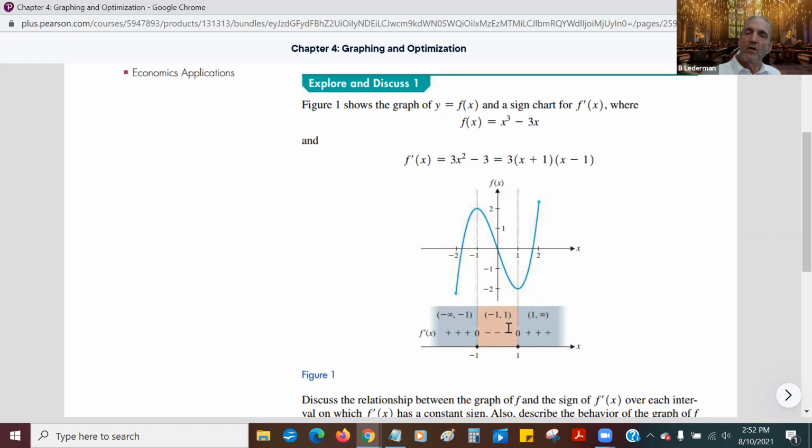The derivatives here are negative, which makes sense because tangents are going downward. And the derivatives here are positive, for the same reason as there. So notice that whenever the first derivative is positive, the function is on the increase. Whenever the first derivative is negative, the function is on the decrease.